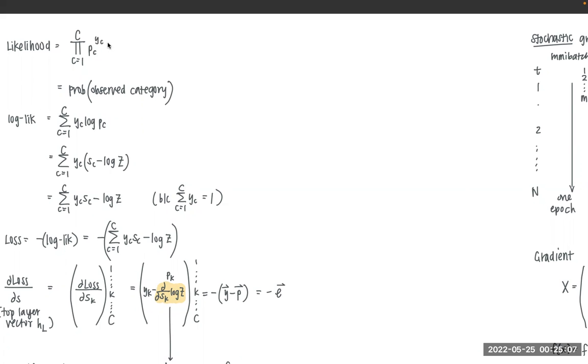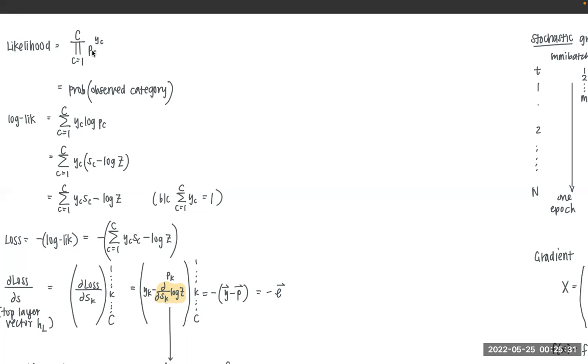And for the other C's, Y sub C are equal to 0. So therefore, suppose the observed category is K, and only Y sub K equals 1, right? And all the other Y sub C for C not equal to K, they are all 0. So therefore, this product gives us P sub K. Because only when C equals K, we have P sub K to the Y sub K, which is 1.